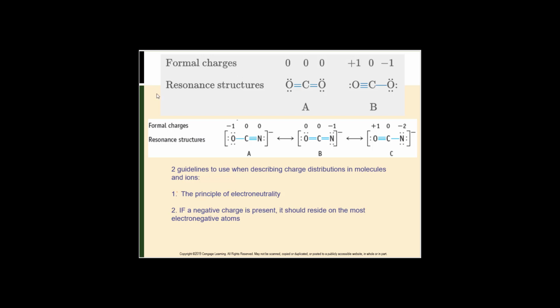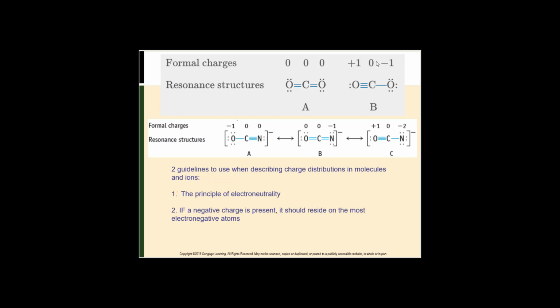So let's consider the concepts of electronegativity and formal charge together in these two resonance structures of CO2. A is our probably logical first structure of CO2. But what is wrong with B? Because B still allows everybody to have an octet.